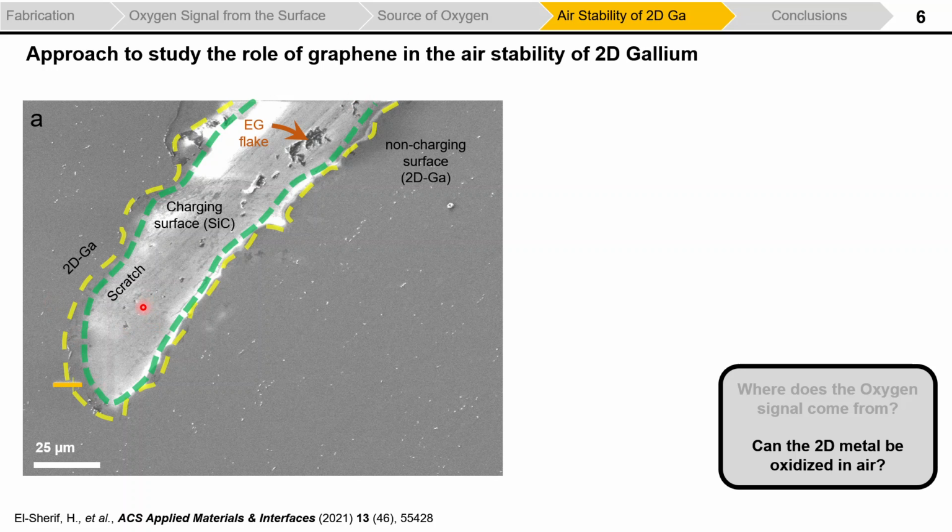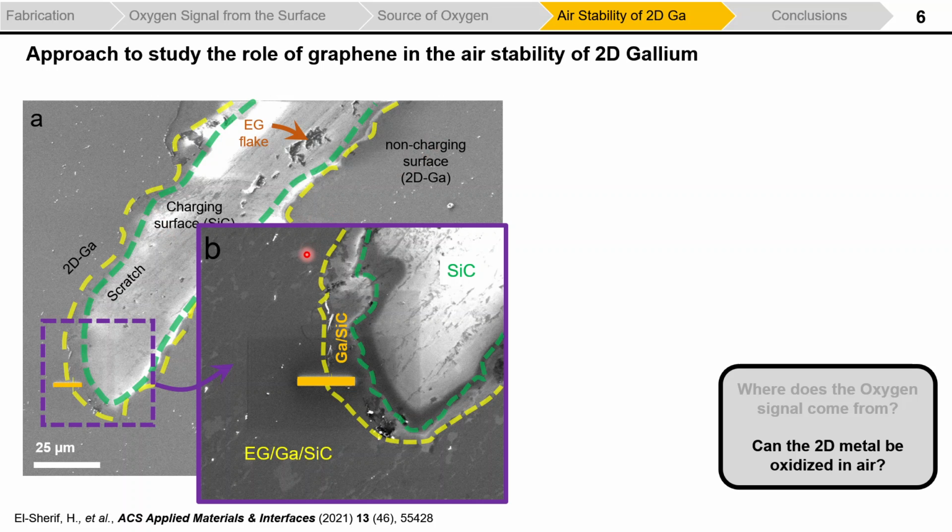We understand from our recent investigations that SEM contrast is very sensitive to the 2D gallium and the silicon carbide, and we could identify what the surface is depending on the charging in SEM.